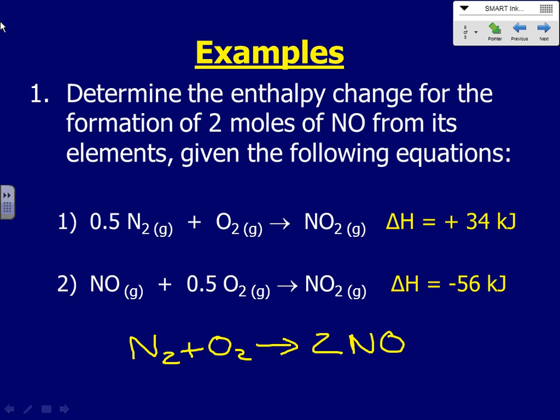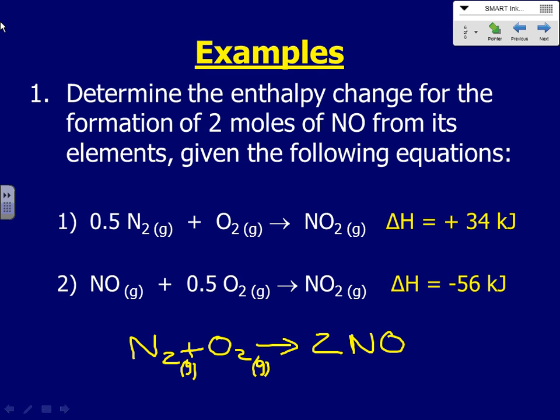And in these particular questions, state becomes very important because we could be just talking about turning a liquid into a gas. So we do need states here, and this is obviously a gas. We know that nitrogen is in the gaseous state. This is a gas as well. Oxygen is a gas as well.